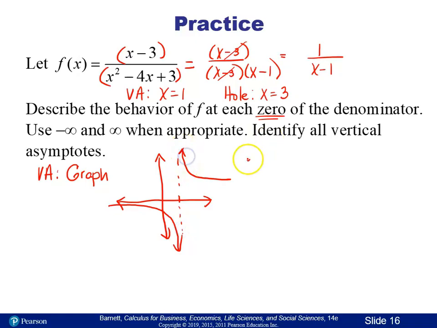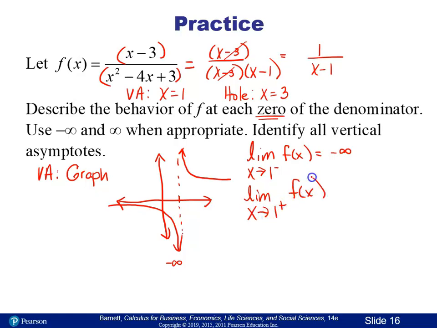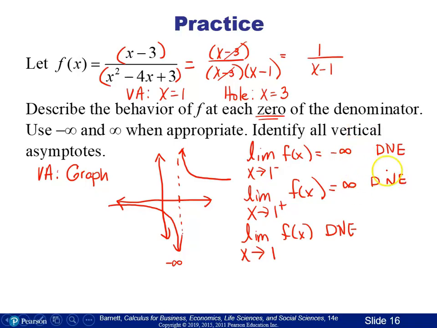So the limit as we approach 1 from the left is going to take us down here to negative infinity. The limit as we approach 1 from the right is going to take us up here to positive infinity, which means the limit as we go to 1 does not exist. These are technically does not exist as well, but when you specify infinity or negative infinity, it does give an additional piece of information.